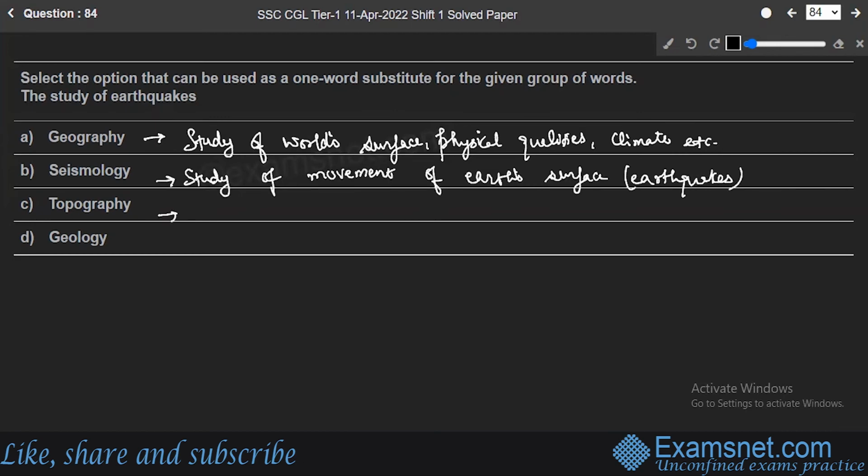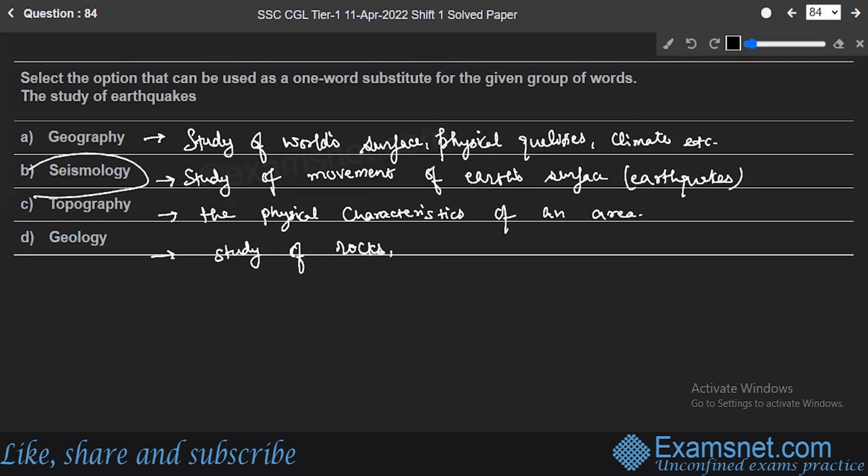Still, let's discuss topography. Topography means the physical characteristics of an area. Right? And geology is the study of rocks. Okay, so I think you got your answer. Option B, seismology, is the correct answer for this question.